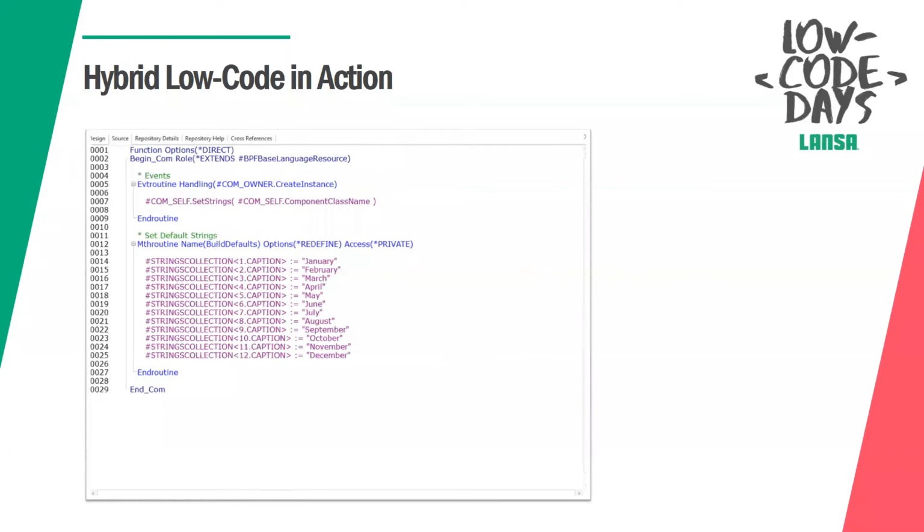So what we're going to do here is months of the year. We need to define those. So we're going to set up some defaults. And the default simply is if no language is selected, then this is what's going to show up. And so we go through and give them a default.